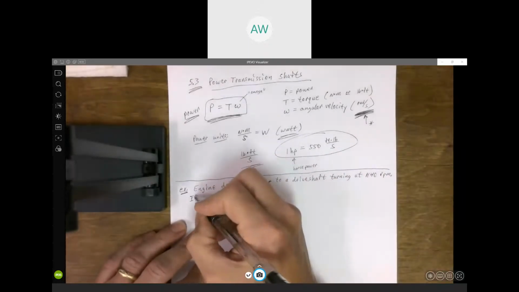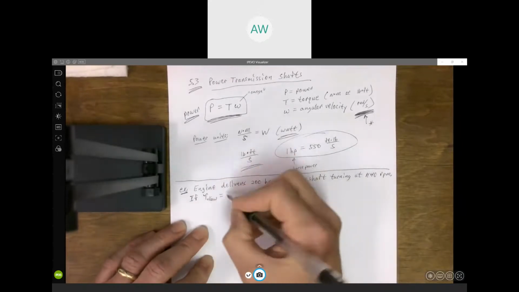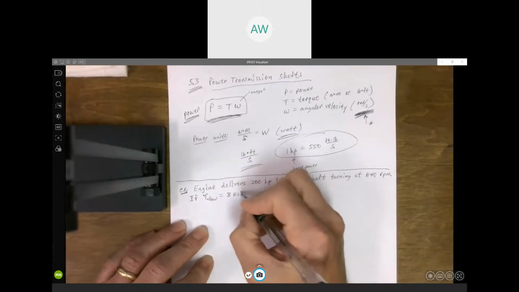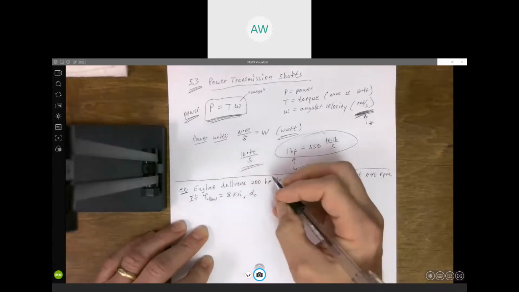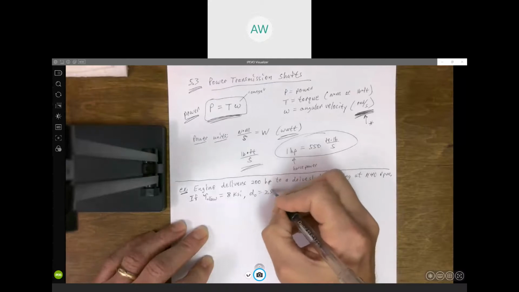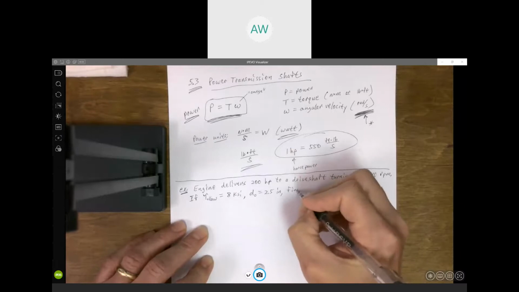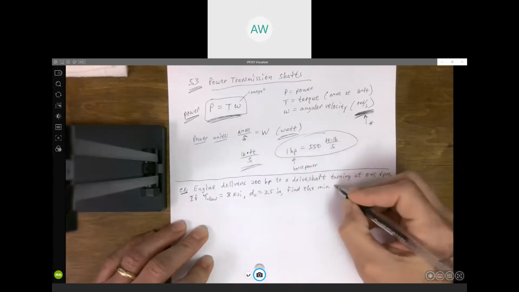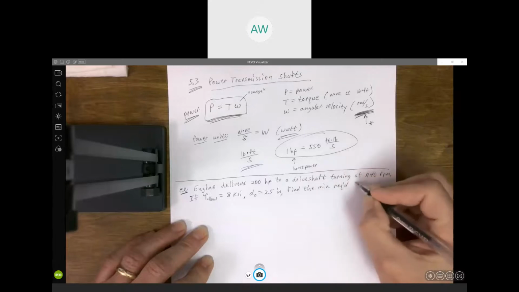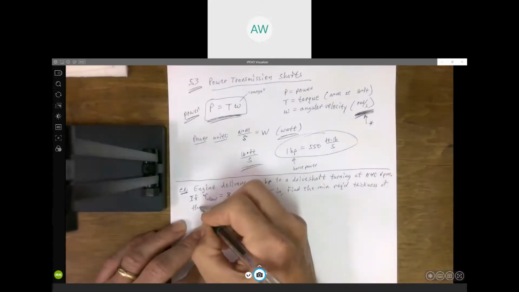We're told the allowable shear stress is 8 KSI. The outer diameter is 2.5 inches. And we want to find the minimum required thickness of the shaft wall.